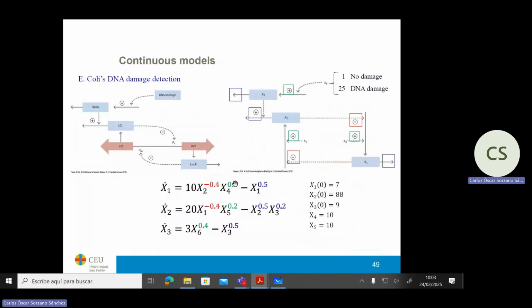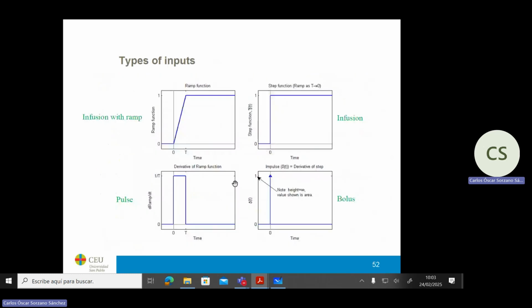Okay, and then we have inputs. Our input here was a step function, and then we have different kinds of input. So you have step functions or pulses. You have a pulse, or an infusion with a ramp, so it is increasingly going up to a value, or you have some step function that is also called infusion.